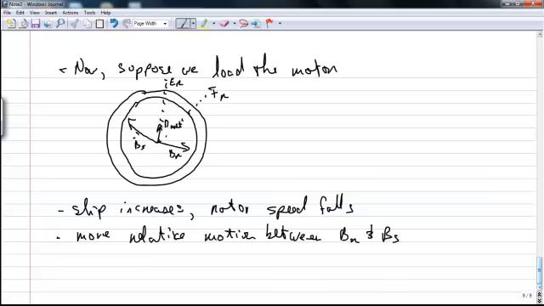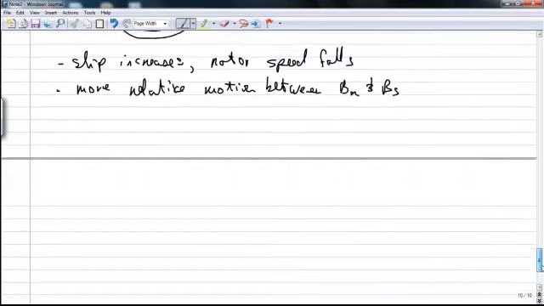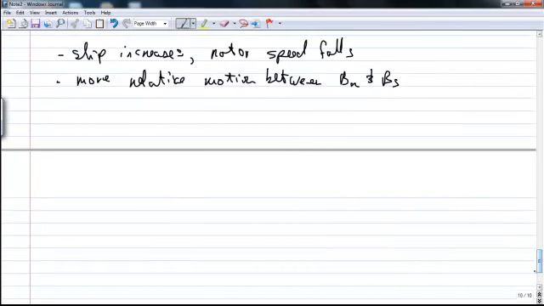Remember, B sub s is still rotating at the synchronous speed, but B sub r is rotating at the rotor mechanical speed, which is now smaller because of the load, so there's more relative motion between B sub r and B sub s. Therefore, ER gets larger. ER goes up, and if ER goes up, then IR will go up.